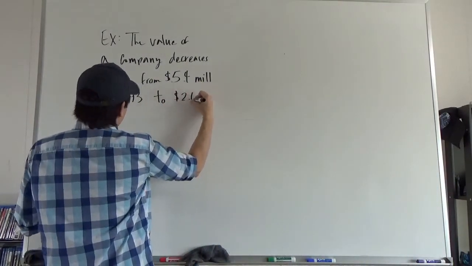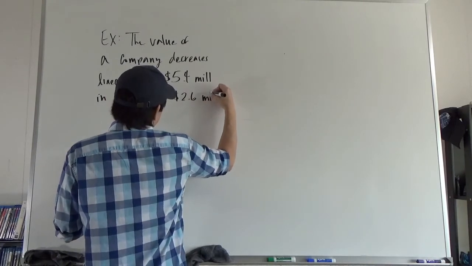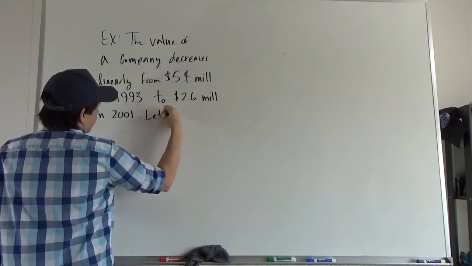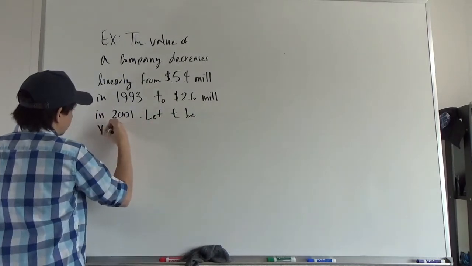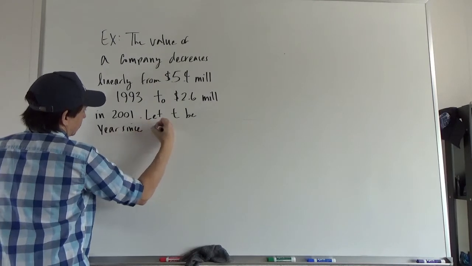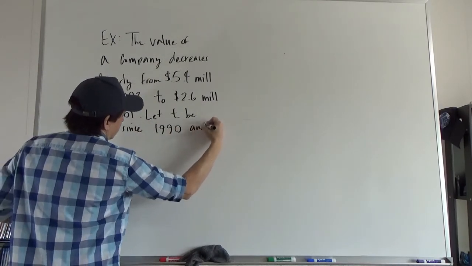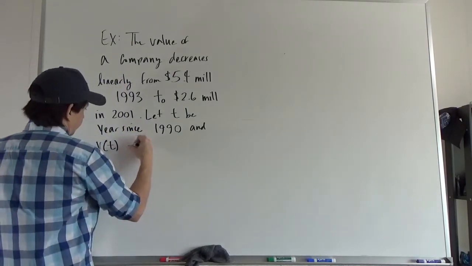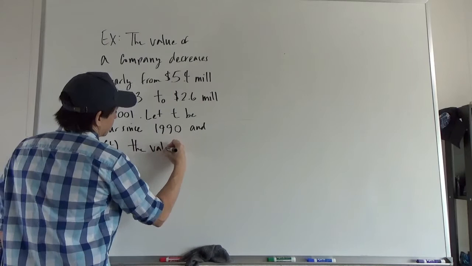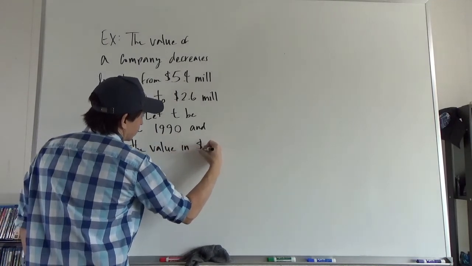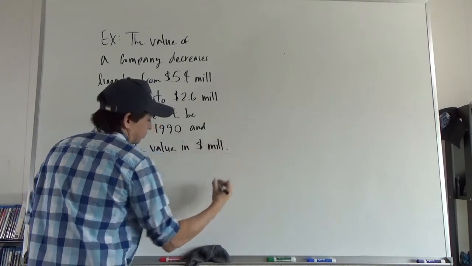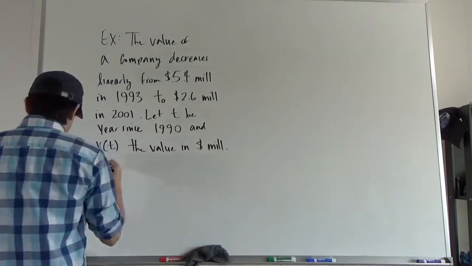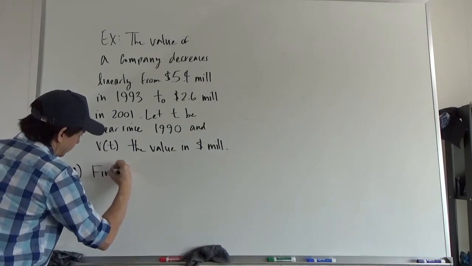To 2.6 million in 2001. Let T be years since 1990, and V of T the value in millions of dollars. Find the equation for V of T.